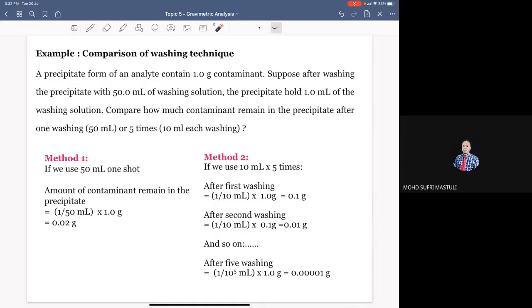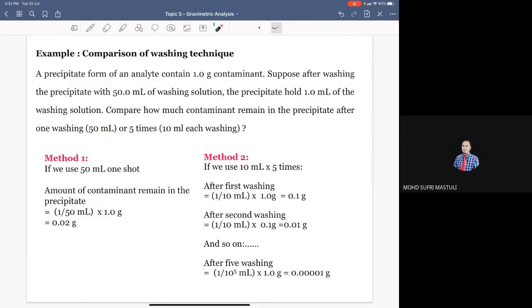The amount of contaminant remaining in the precipitate is 1 over 50, because 1 ml of the washing solution is held out of 50.